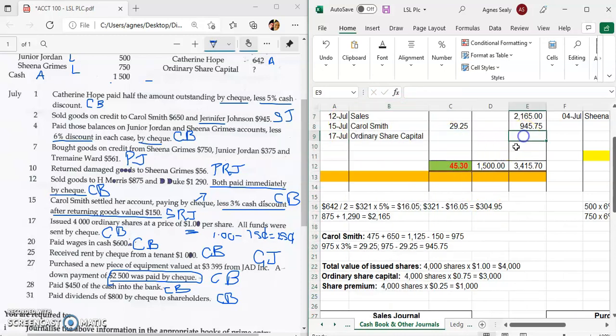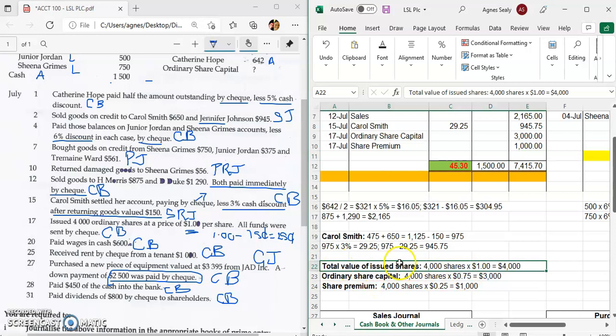It was a check, so you would put $4,000. On the 17th, because the shares were issued at a premium, we also record the value of the share premium. Share capital is $3,000 and the share premium is $1,000. So that is our calculations here.